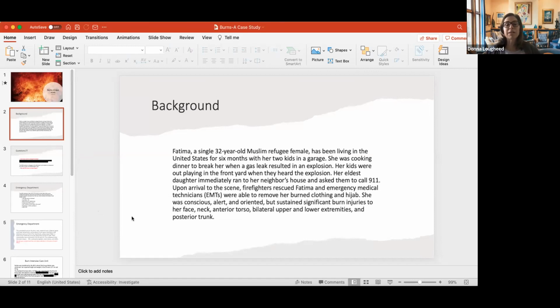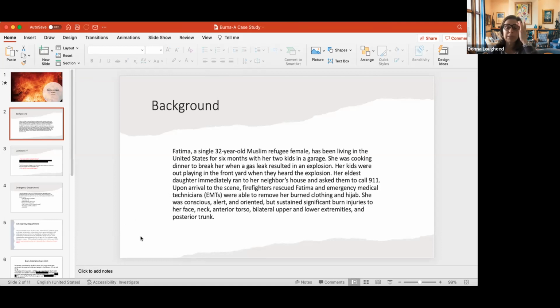So we have a young 32-year-old Muslim refugee female living in the United States for 6 months with her 2 children in a garage. She's cooking dinner to break her fast when a gas leak resulted in an explosion. Her children were out playing in the front yard when they heard the explosion. Her eldest daughter immediately ran to the neighbor's house and asked them to call 911.